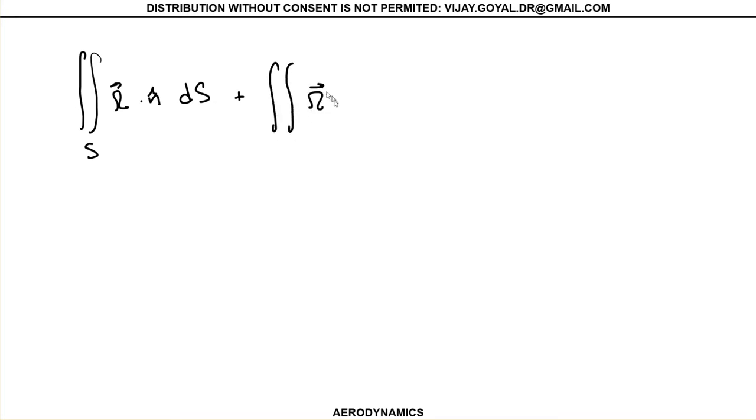So as a consequence, I can say that the integral of this dot n dS plus the integral of this dot n dS, over surface area 1 and surface area 2, is going to equal the circulation gamma, right? The circulation around the tube.